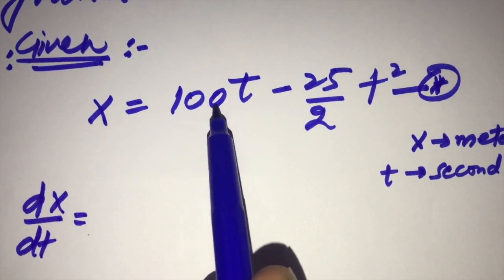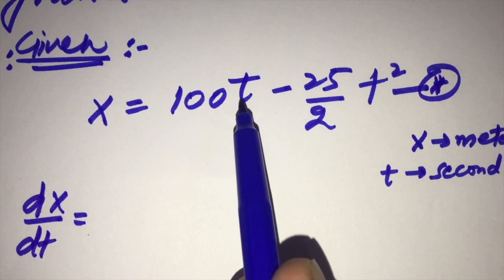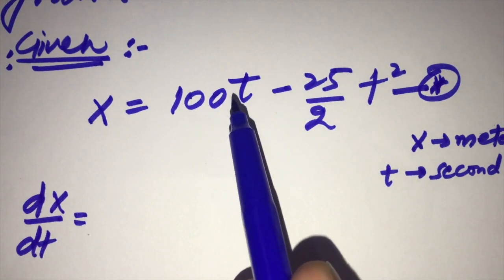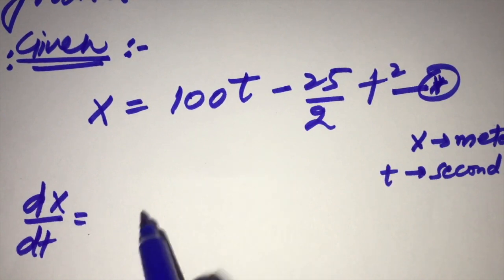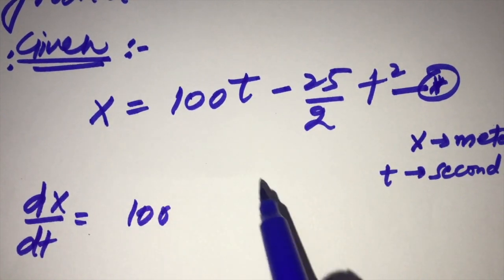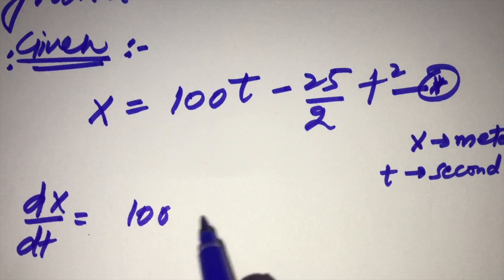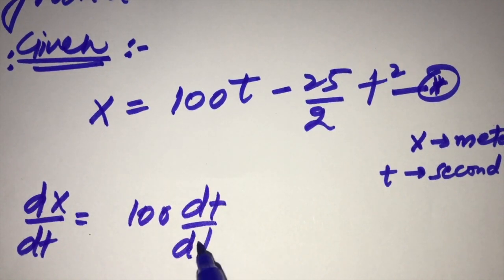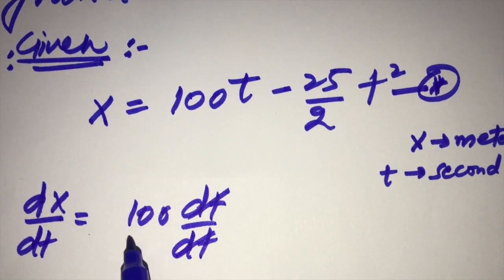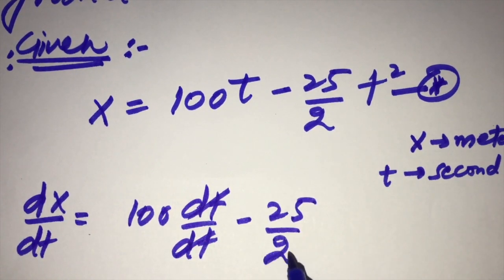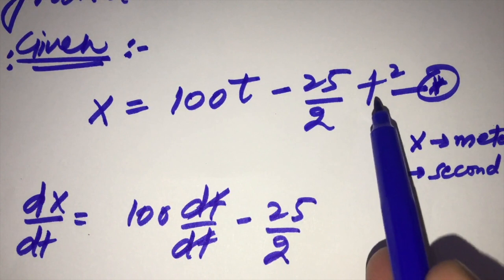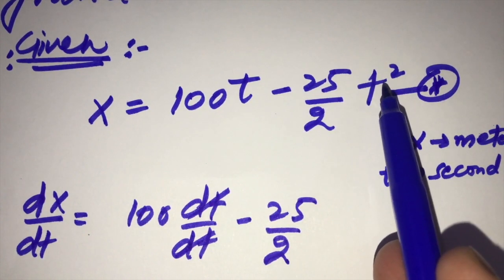take the constant out, and when you take the derivative of t, it will be dt by dt. So dt by dt cancel with each other, and we get only the 100, a constant number. Now minus 25 by 2, take this out and take the derivative of t square.